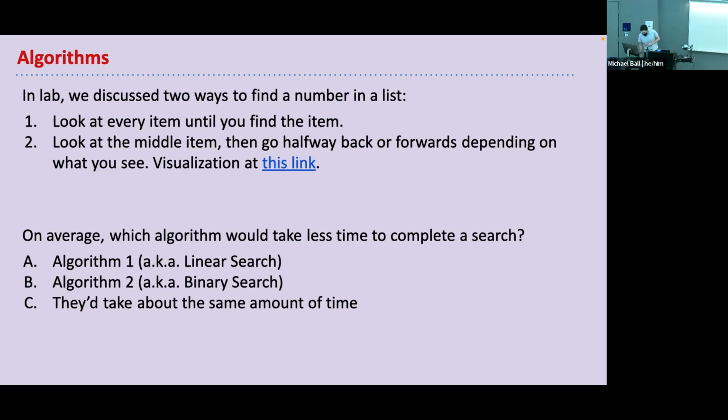Yeah, cool. So far about 80% have the correct answer. In the lab, we were given 2 ways to find a number in a list. Which algorithm would generally take less time to complete the search?